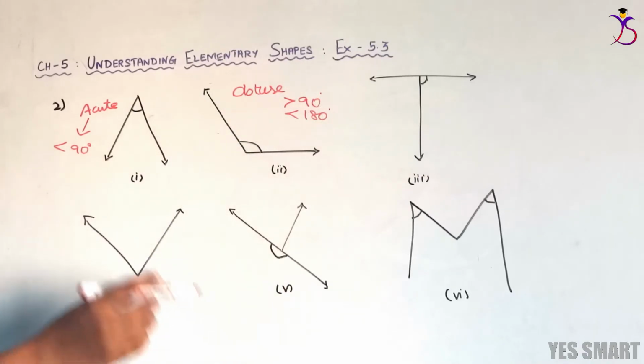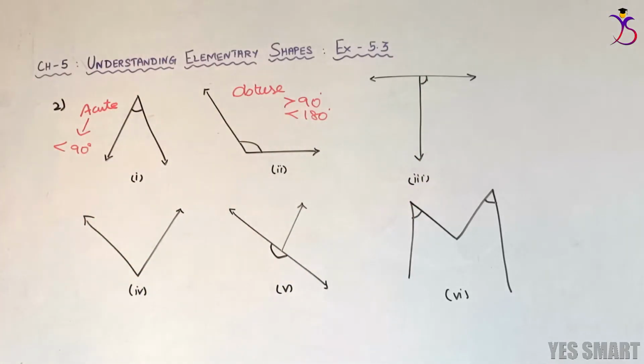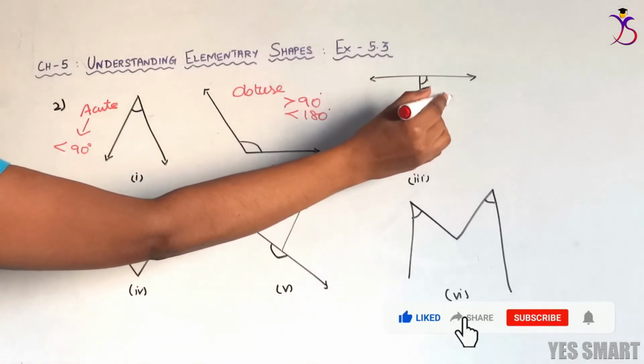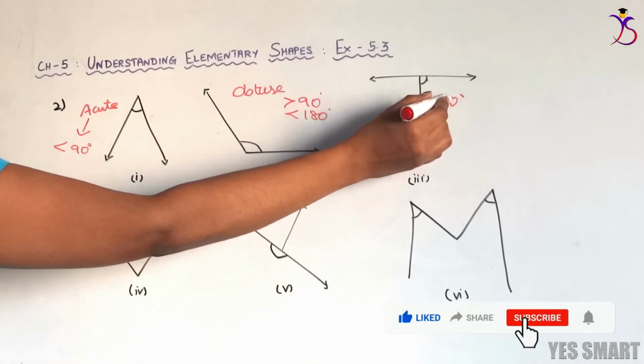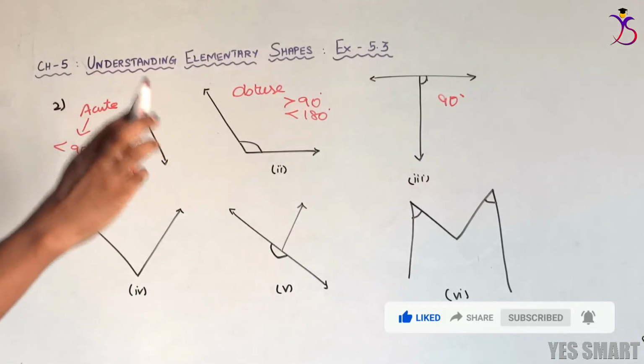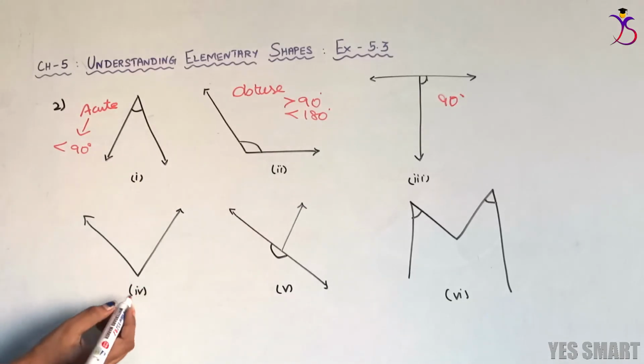Now moving on to the third one, clearly we can say that it is a right angle, because a right angle is always formed when one line is perpendicular to the other. It will be very straight, erect. Therefore this is 90 degrees, which is a right angle. Now the fourth one, the angle is here.